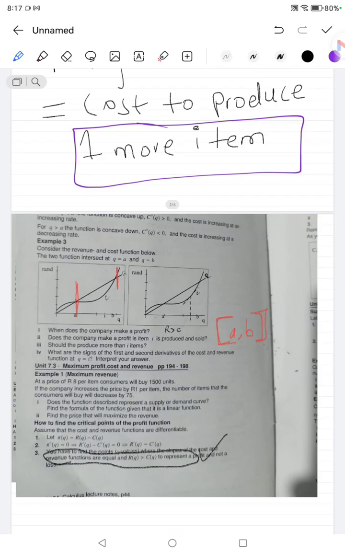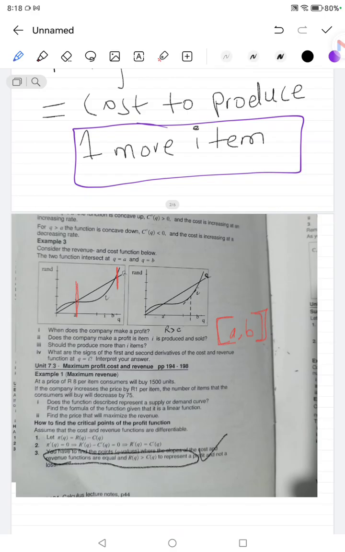Yeah, they can produce more items if they still want to make even more profit. Hence, that's why I was saying I feel like if maybe they've given us functions or scenarios, but with these ones, I also just struggle to answer them correctly. But that's mainly the interpretation I would use.